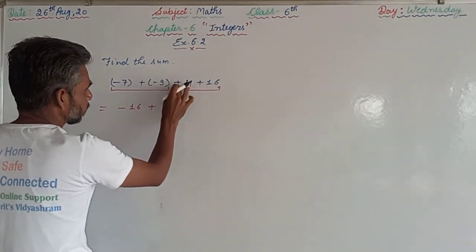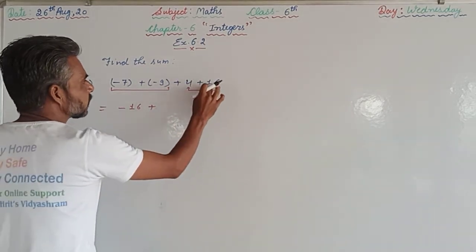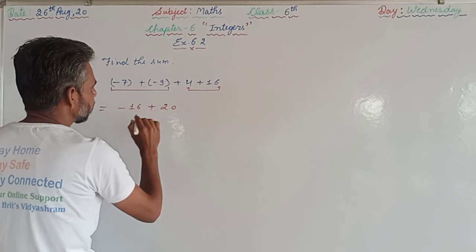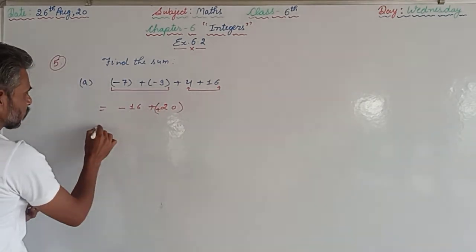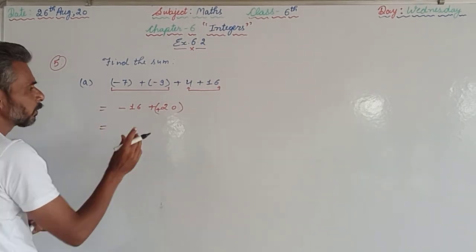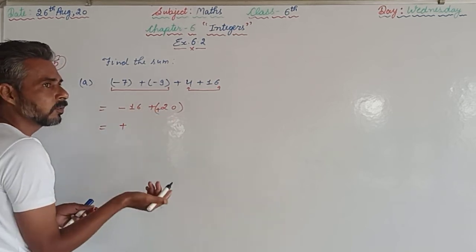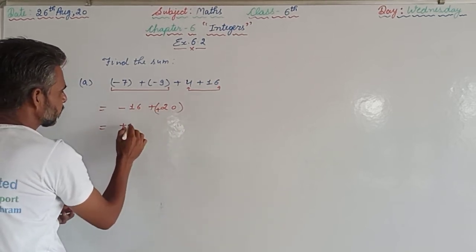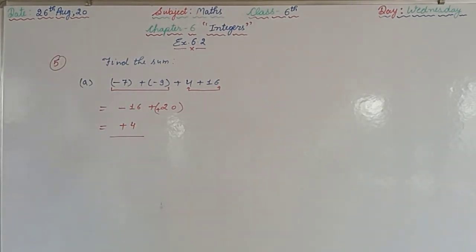Then the plus sign comes here, then 16 plus 4, that all of you know is 20, that is in plus and that is in minus. So now both are having different signs, so the sign of the greater number will be there. The greater number is 20 and the sign of 20 is plus. Now we have to subtract 20 minus 16, that is 4, plus 4 is the answer. So we are supposed to proceed with the questions step by step.